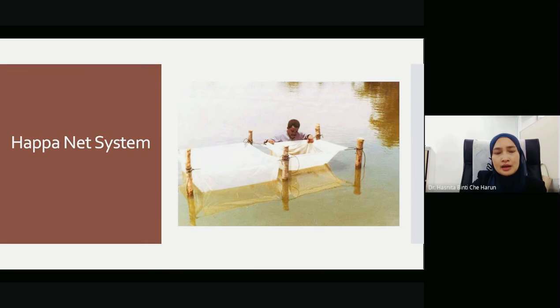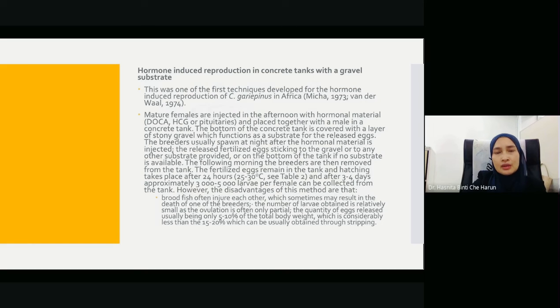And normally they cover the HAPA net so as to avoid predators coming in and to avoid the breeders going out. So this is an example of a HAPA system that people use placed in the pond.